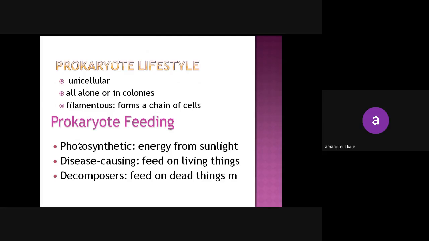Prokaryote feeding: they are photosynthetic, they get energy from sunlight and make their own food. They are disease causing, as they feed on the host cell. They are decomposers, they can feed on dead animals or dead organisms.